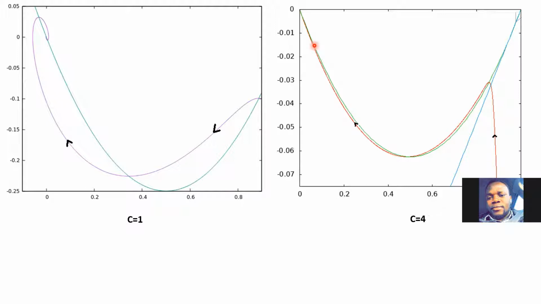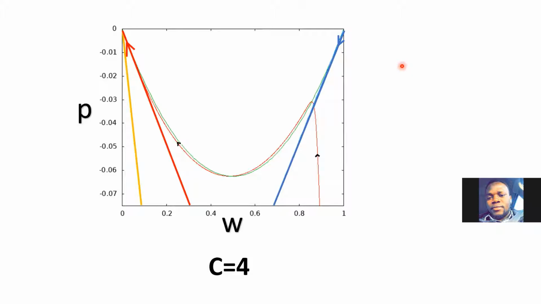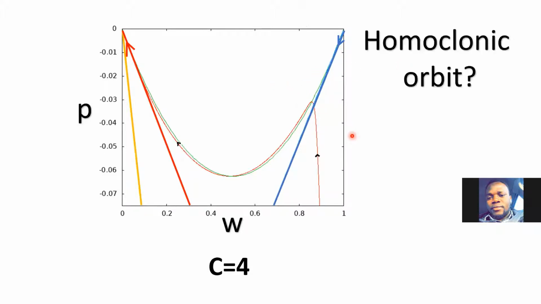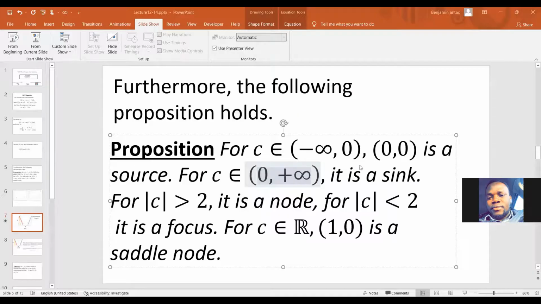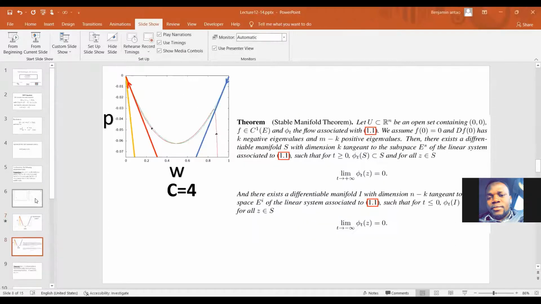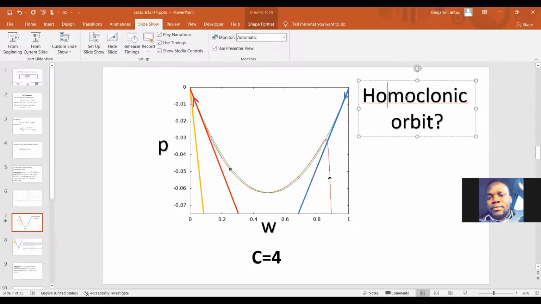So that's what we did last time. What we are going to do today, oh, again, there's a typo. Let me correct that, because I don't want this to stay. I don't look for a homoclinic orbit.